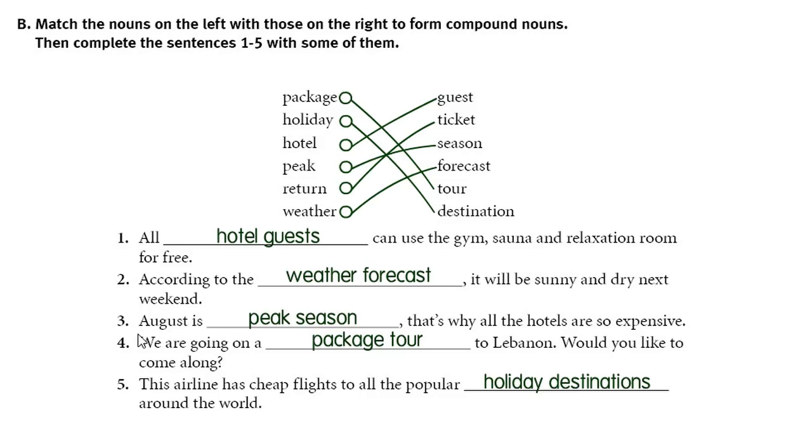That's why all the hotels are so expensive. 4. We are going on a package tour to Lebanon. We would like you to come along. 5. This airline has cheap flights to all popular holiday destinations around the world.